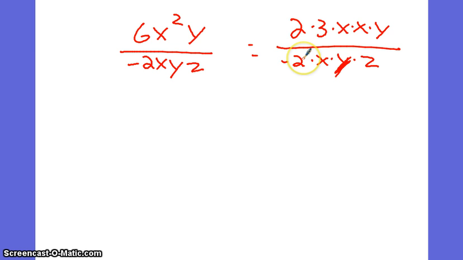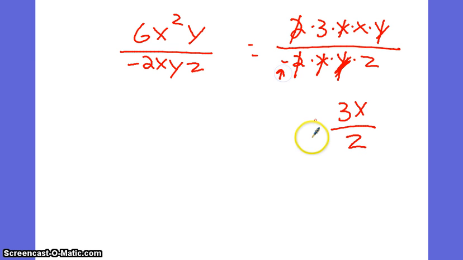This is going to go away. They don't disappear entirely, they become ones. So when I cross them out, I kind of try to make them look like ones. I've got an x on the bottom and the x on top I can take away, and a y and another y. What I'm left with is 3x over z. Now keep in mind, this was negative 2 right here, so it's negative 3x over z.